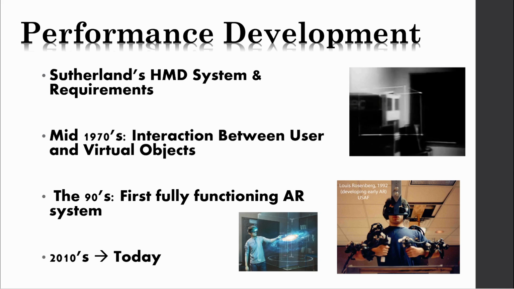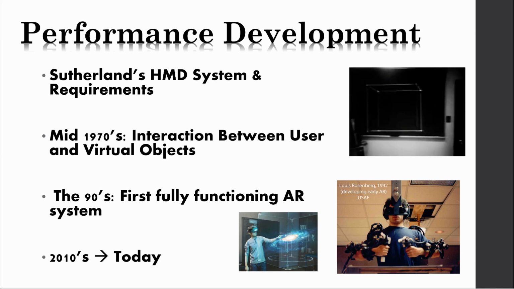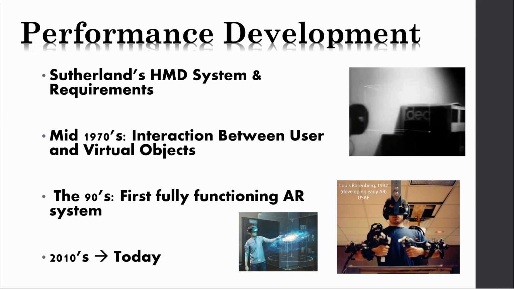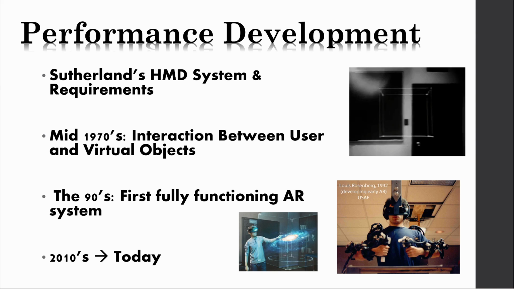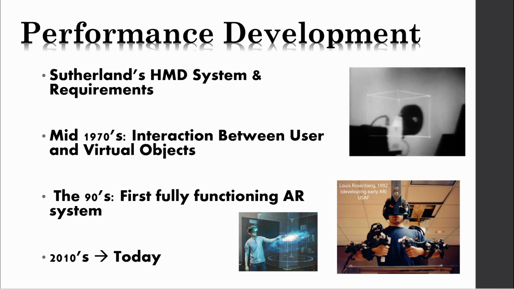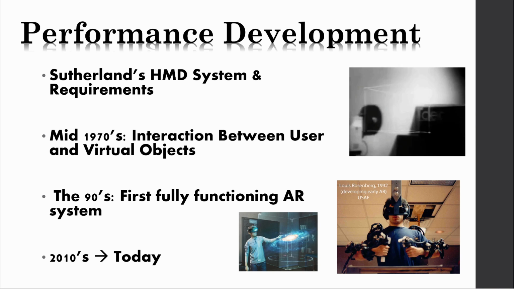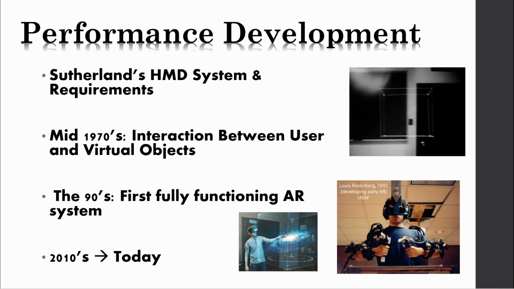Then, looking at the 2010s and today, we have applications such as IKEA Place, which we talked about before, which can generate really good virtual images and overlay them at high frames per second solely using the camera and technology distilled within a tablet or smartphone device. Pretty incredible stuff, to be honest.